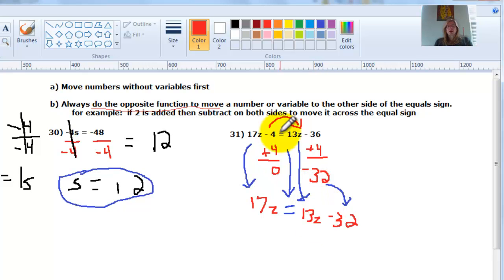So we take a look at that, and it is a positive 13z, so we do negative 13z minus the 13z, and that will be 0, and then minus 13z. If you think in terms of integers, you're adding the opposite, and in this case you can subtract, so you don't really have to bother. So that is 4z.